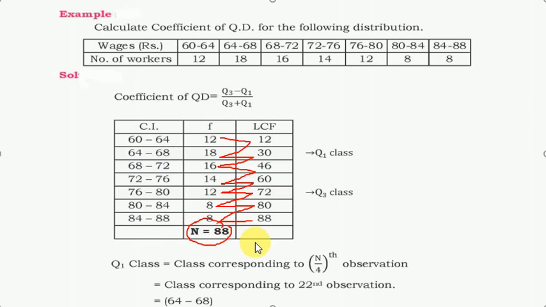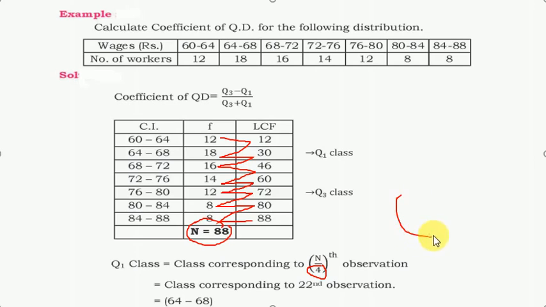Now, to find Q1, the class is the class corresponding to the n by 4th observation. In the previous video, for an individual series, it was n plus 1 by 4. Why are we taking 4?